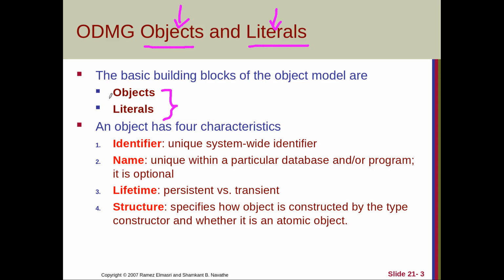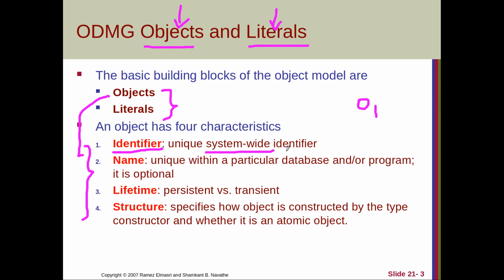Now every object should have the following 4 characteristics. The first one is the object identifier. Every object created in the object-oriented system must have a unique system-wide identifier.